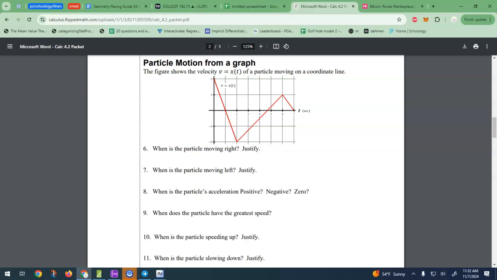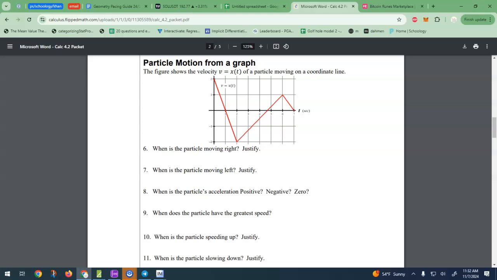If I look at the next section of the graph, my velocity is now negative because we're below the axis, and my acceleration is negative as well because the slope is negative. So I've got negative y values and a negative slope. Because they're the same sign, I'm going to be speeding up between 1 and 2.